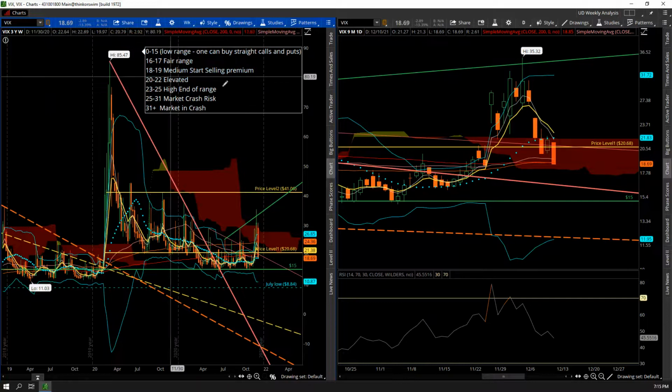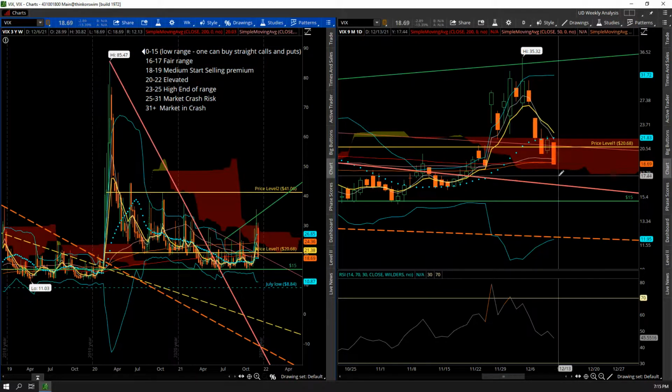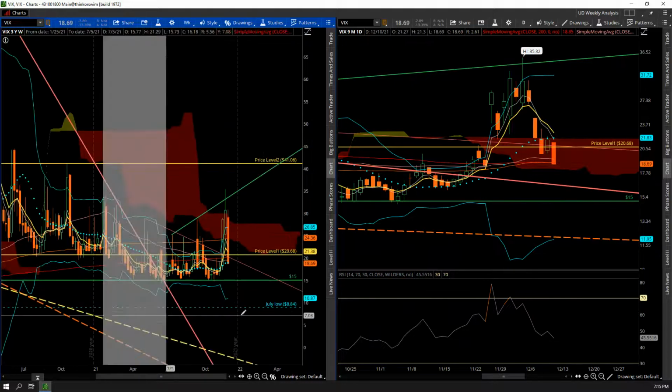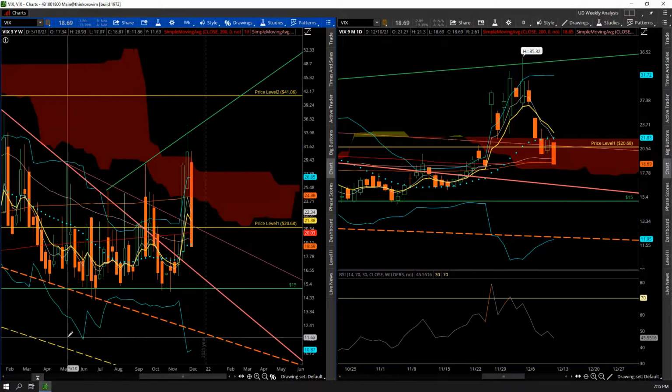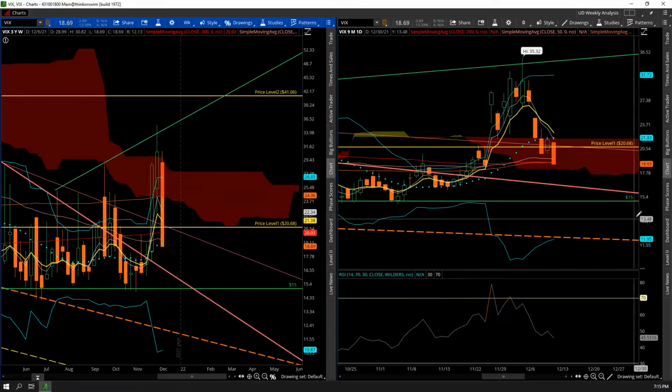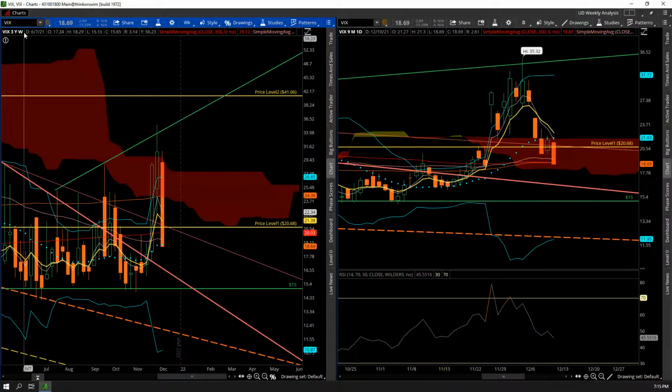So now it is in the medium range, and when it gets to 16 to 17, it will be in the fair range. What it means is it lets the market do its usual thing. What is the market's usual thing? Continue slow grind higher. So this is a very nice gesture, which might confirm that a slow grind higher is possible for the market.